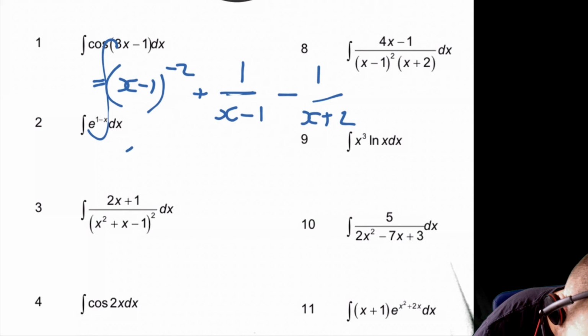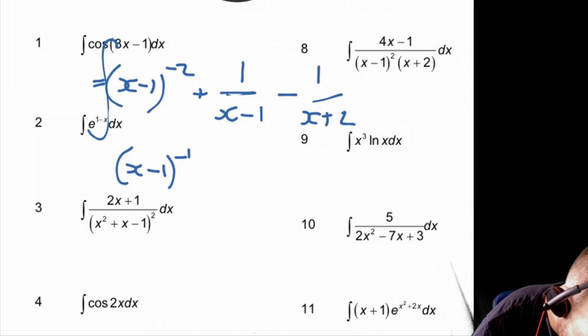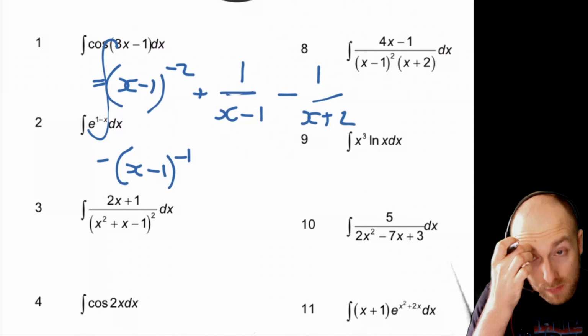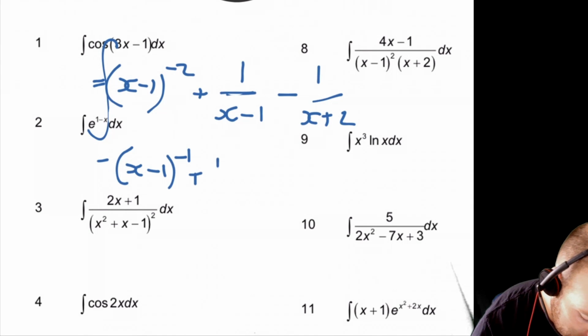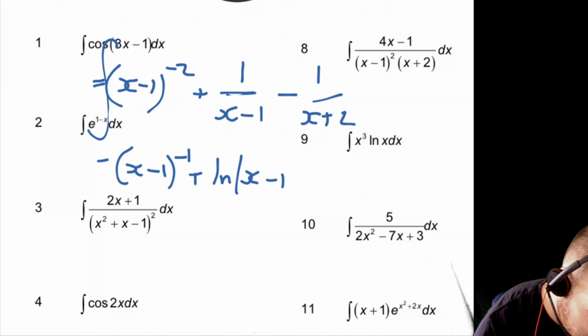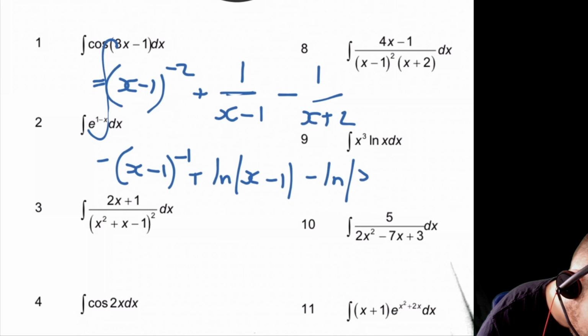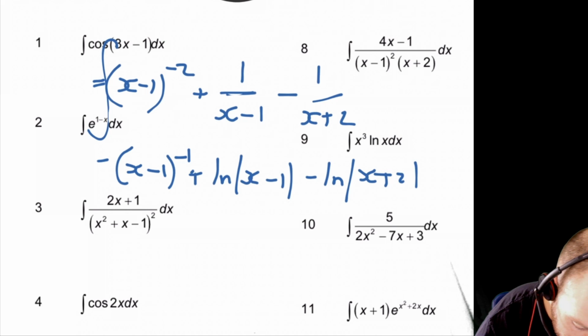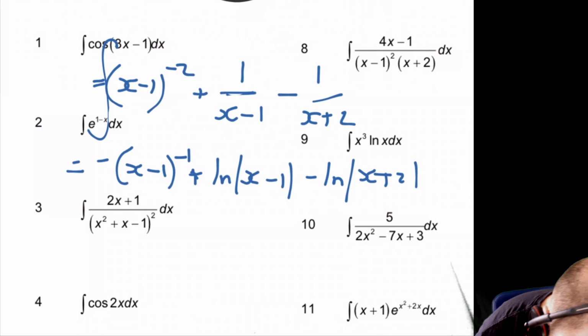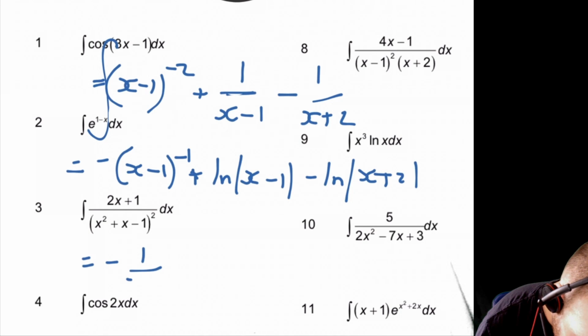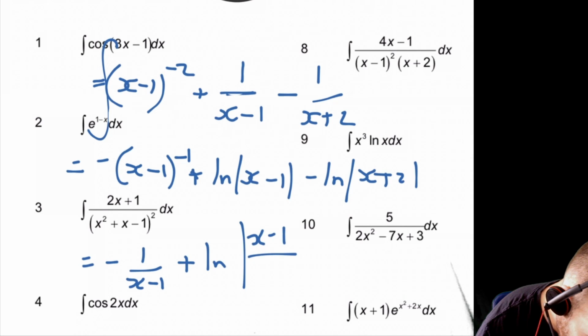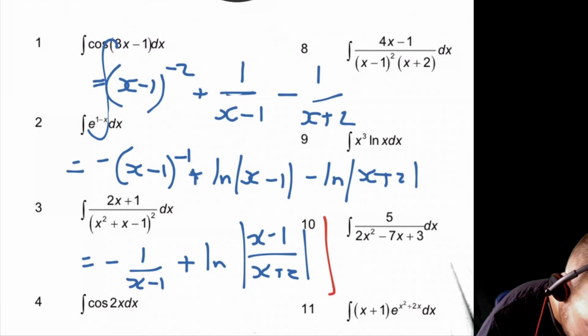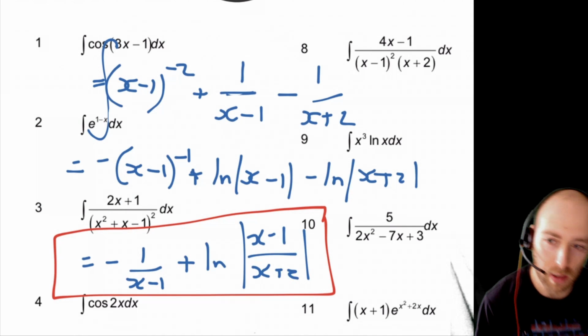So going to the power minus 1, so we get x take 1 to the minus 1 with a minus in front. Then we're going to get plus ln x take 1 and minus ln x plus 2. And we ought to simplify these using log rules. So we're going to get minus 1 over x take 1 plus ln of x minus 1 over x plus 2. Like that.